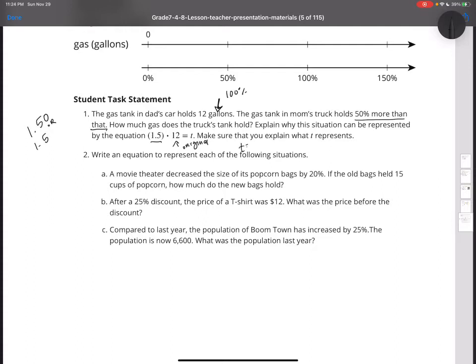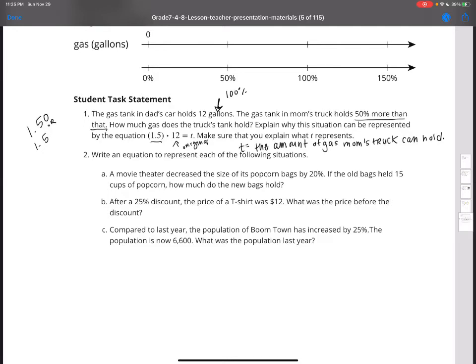T is representing the amount of gallons of gas that Mom's truck can hold. If you have any questions on that, always feel free to rewind this video, visit your Gap Manager's Google Meet session, or even visit this double number line question that we talked about in a previous lesson.